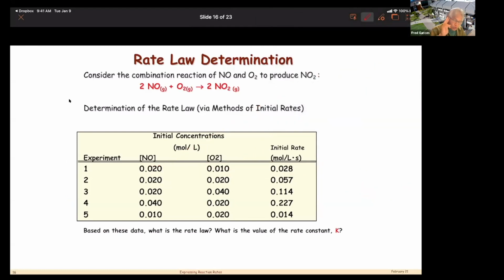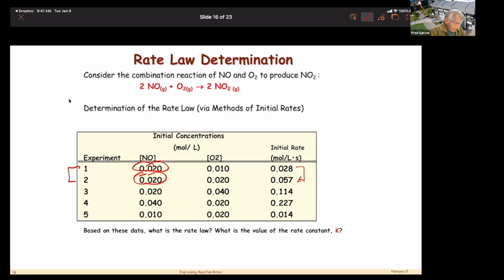We take 2 reactions. We only look at 2 reactions at a time, and we pick 2 reactions in which the concentration of one of the species is constant. Let's take a look at 1 and 2. In 1 and 2, we can see that the NO concentrations are the same, 0.02, 0.02. In other words, the only way this reaction changes is because of the changes in oxygen.